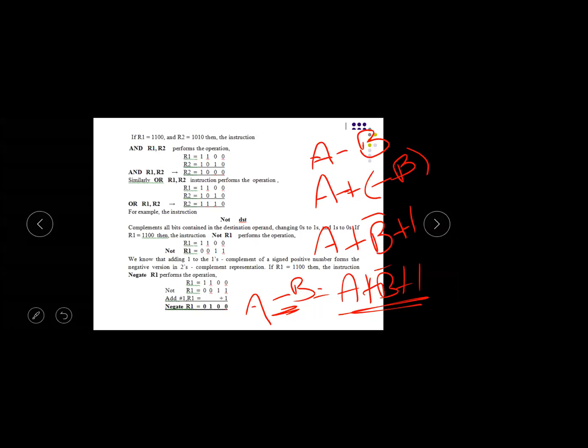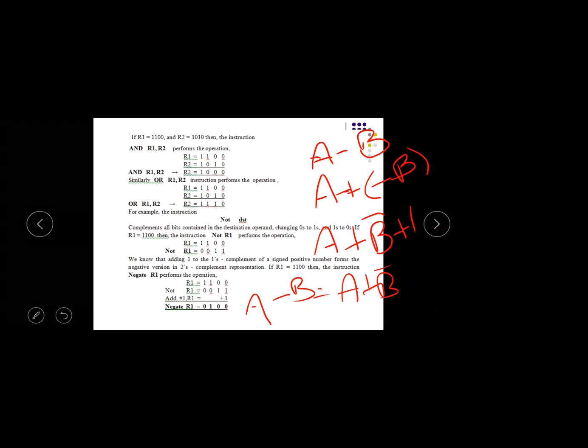B bar, the 1's complement of B, plus adding 1. For subtraction we use negation: B bar plus 1 is nothing but minus B.